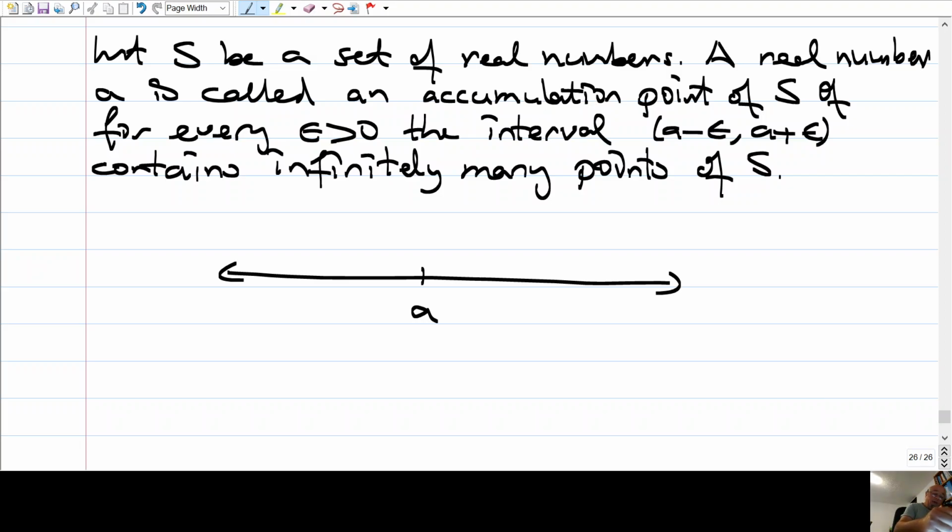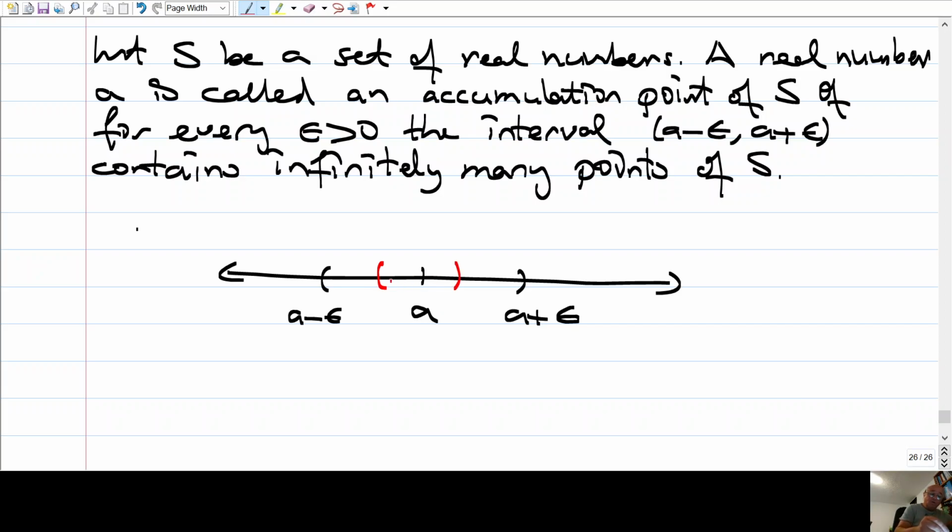You give me an epsilon and I draw the epsilon ball or interval about this real number. Then in this interval there should be infinitely many elements from S. If you give me another epsilon, possibly a smaller epsilon, then I have such an interval.